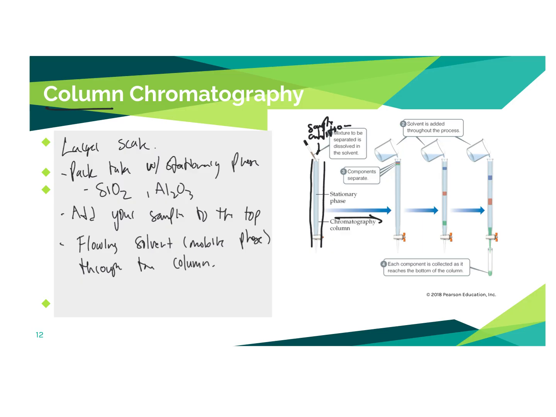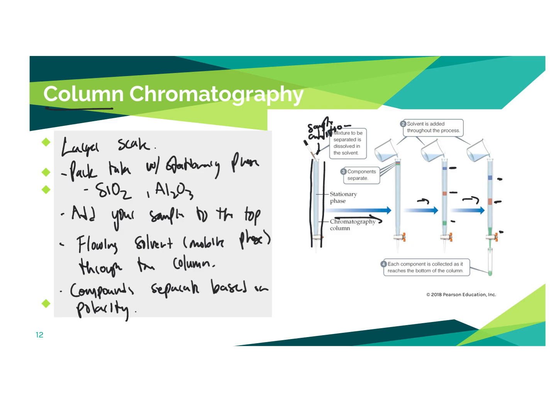Right, and so I'll keep adding solvent, and as I keep adding solvent, allow the solvent to completely drip through, what will happen is your compounds start separating. Right, and so compounds separate based on polarity, similar to paper chromatography or thin layer chromatography.